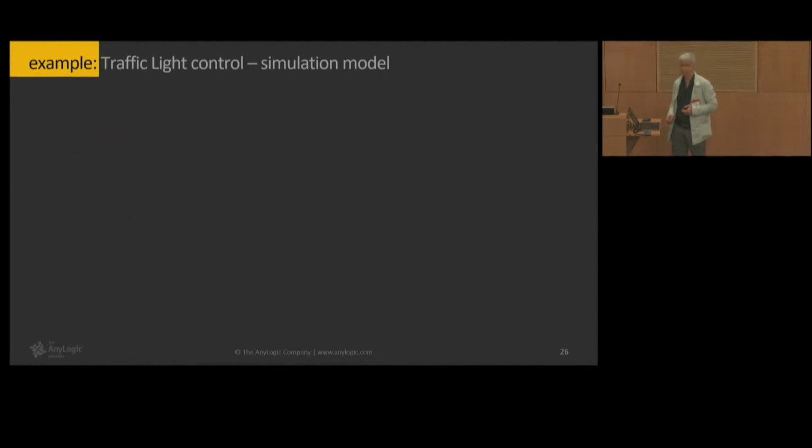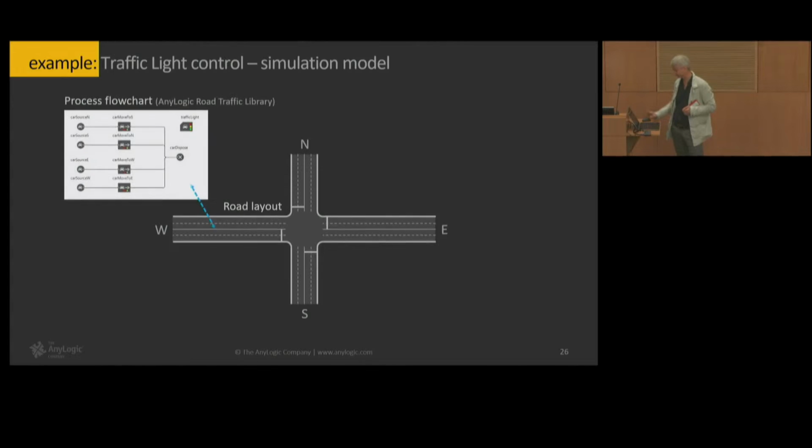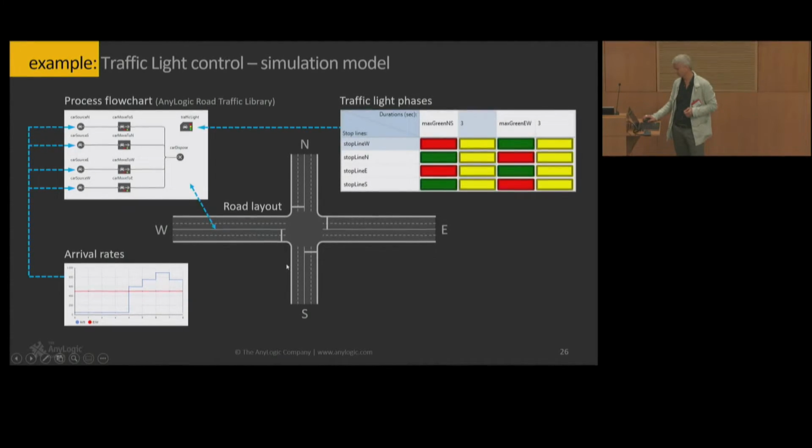Now, the simulation model is easy. We draw a layout. We create the process flow. Basically, these are 4 sources of cars from each direction. We'll link it to the layout. We provide the arrival rate data, and we set up the traffic light.